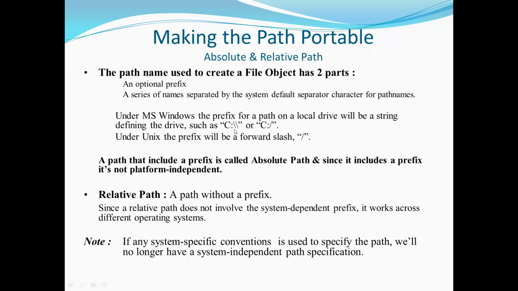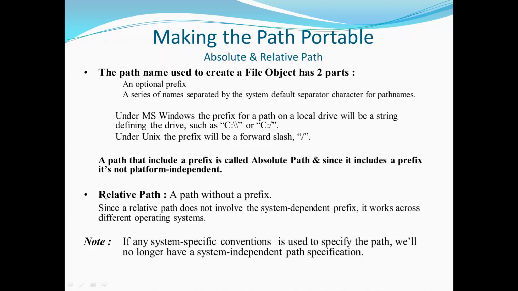There you will find root directories like bin, like var. So a path that includes a prefix is called absolute path, and since it includes a prefix, it is not platform independent. So you cannot make these platform independent. I hope you understand this point, why we cannot make absolute path portable.